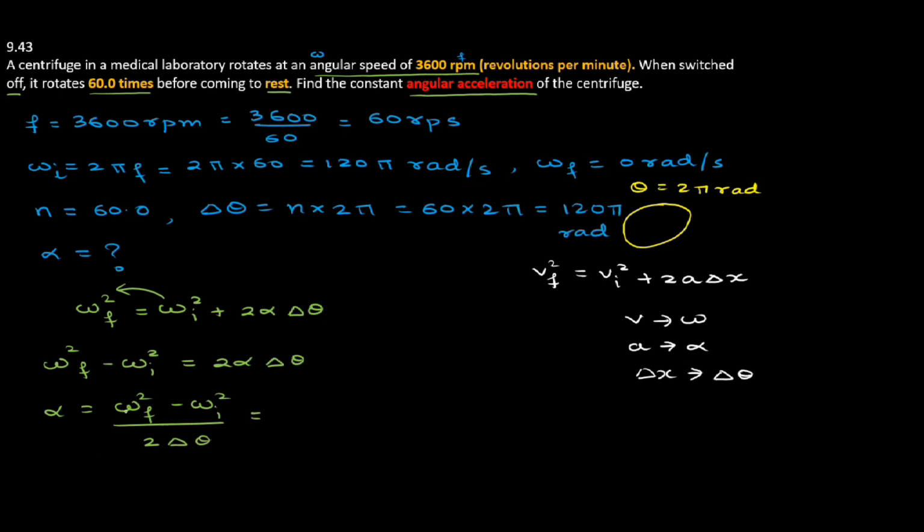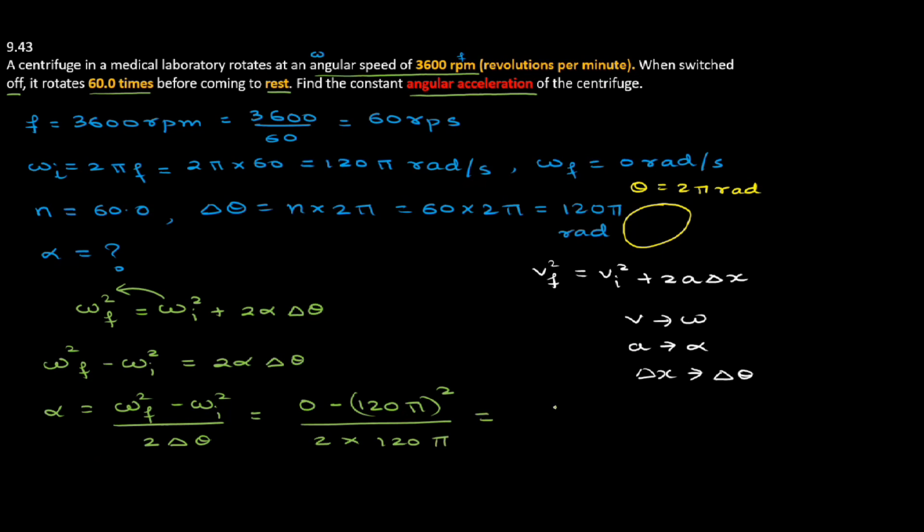Now substitute the values. Final angular velocity is 0. Initial angular velocity is 120 pi. Take the square of this number, the whole thing squared. Be careful when you're taking the square, you have to take the square of the whole thing, 120 and pi, over 2 times 120 pi.